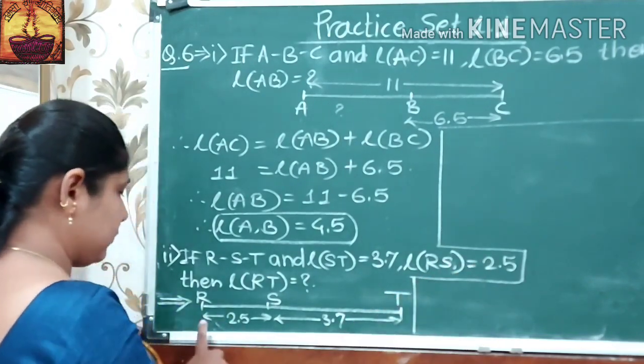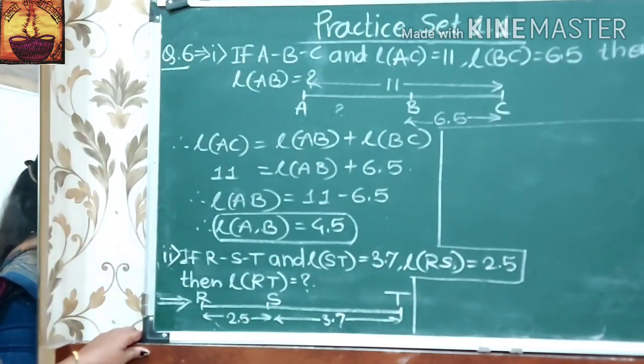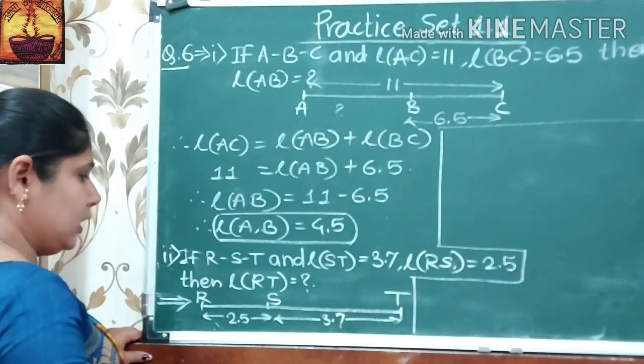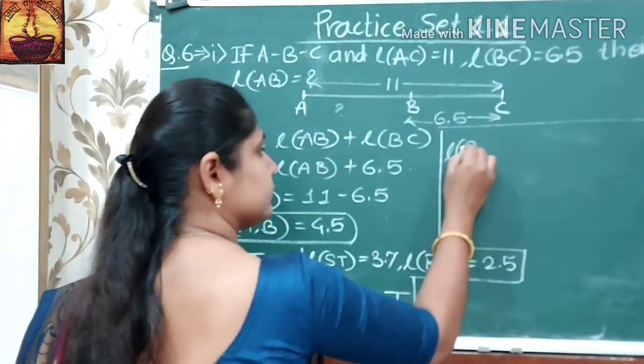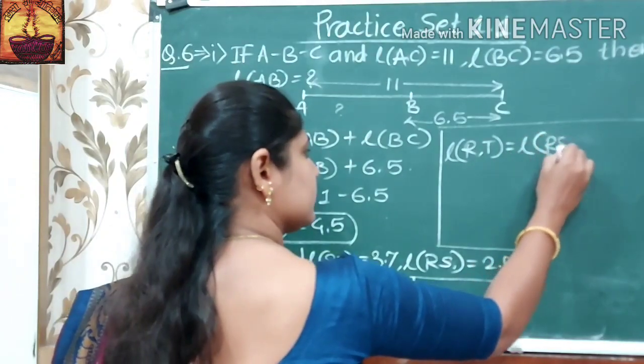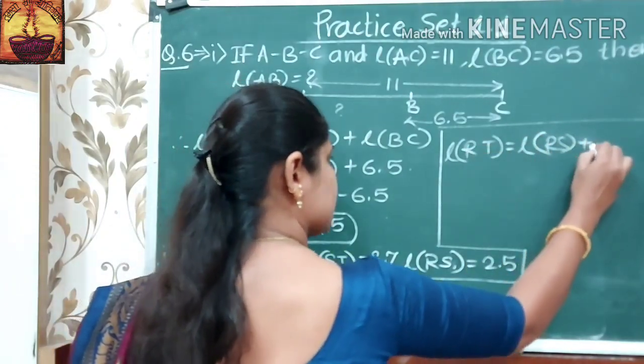Length RS is 2.5, so we denote 2.5. For finding the length RT, we have length RT is equal to length RS plus length ST.